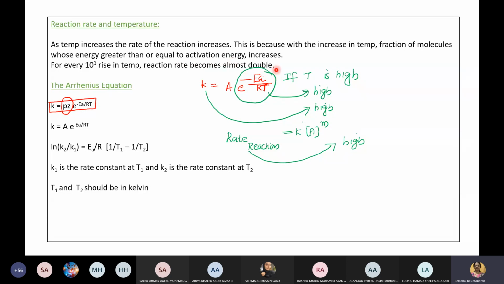Listen, this much is called the fraction of molecules whose energy is greater than or equal to activation energy. You understand the meaning? Suppose for getting an A grade, the requirement is 90 marks. Now this is the fraction of students whose marks are greater than or equal to 90.